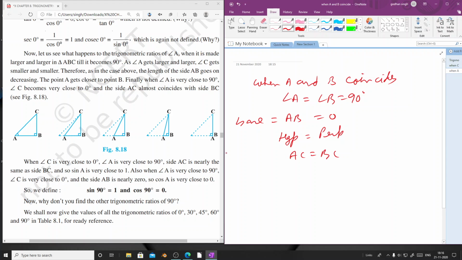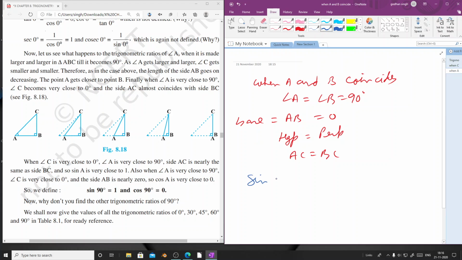So when angle A, that is the acute angle A, becomes bigger and bigger and equal to 90 degree, the base will become 0 and the perpendicular will be equal to the hypotenuse. So we can easily now find the values of sine, cos and all that.